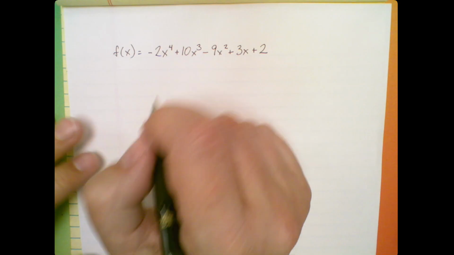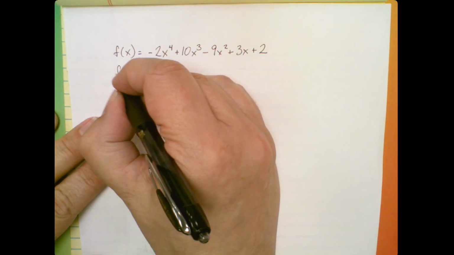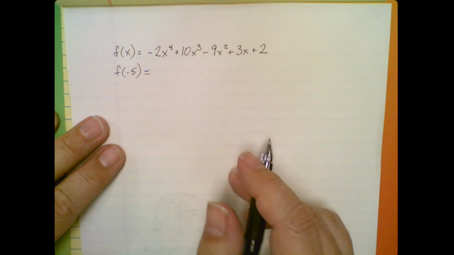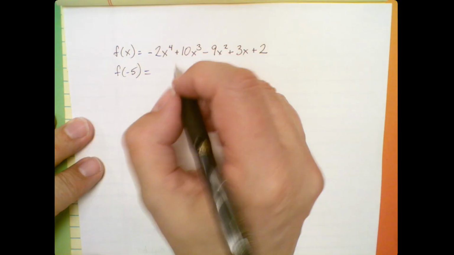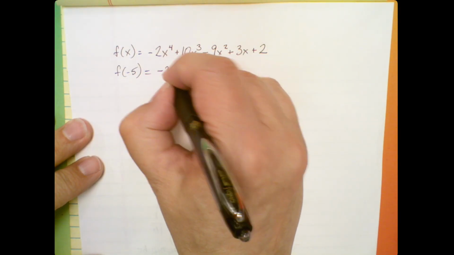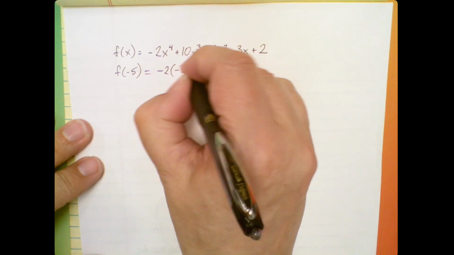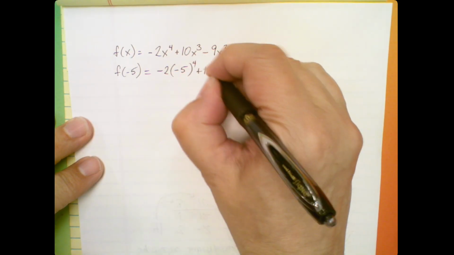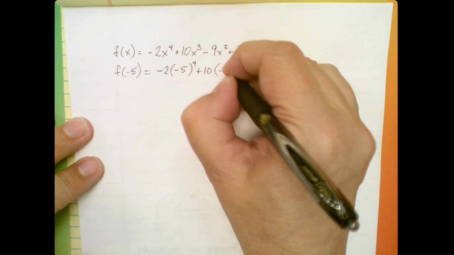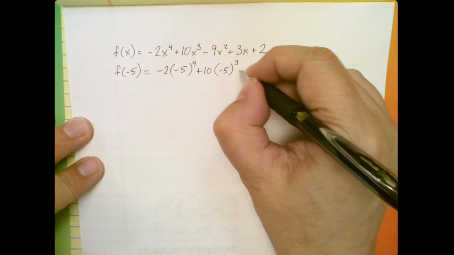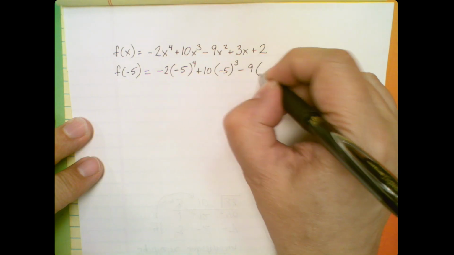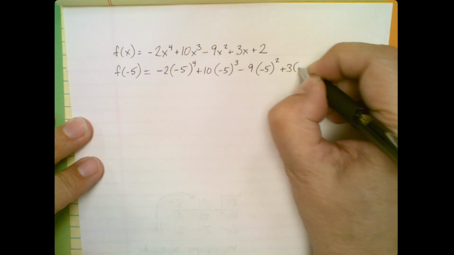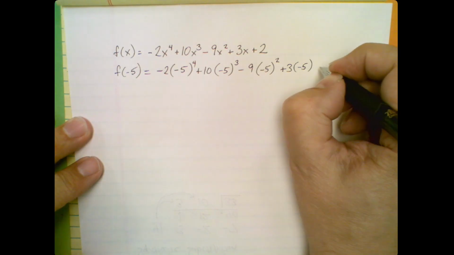Actually, let's do negative 5. That sounds like fun. Let's figure out what f of negative 5 would be. Well, using direct evaluation or direct substitution, I would write negative 2 times negative 5 to the fourth power plus 10 times negative 5 to the third power minus 9 times negative 5 to the second power plus 3 times negative 5 plus 2.